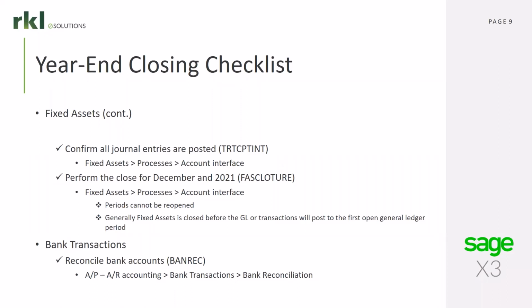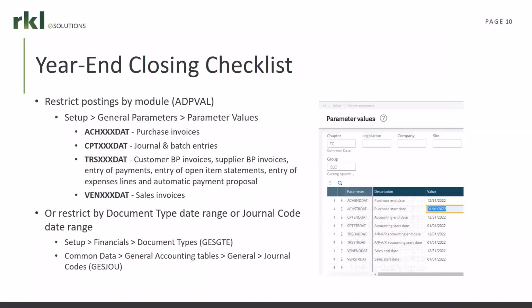Moving on to bank transactions, we want to make sure we've reconciled our bank account and we've closed that reconciliation. During the year-end and period-end closing, you can restrict postings by module. This prevents users from creating entries during the reconciliation processes and closing processes, and so they cannot enter transactions prior to a set date.